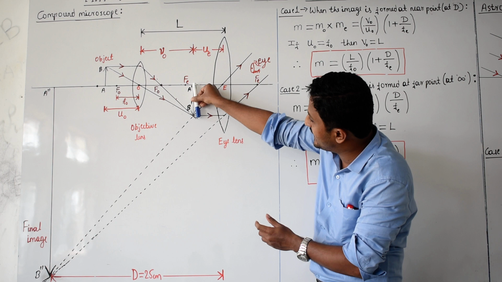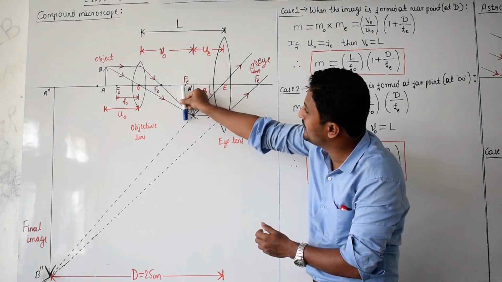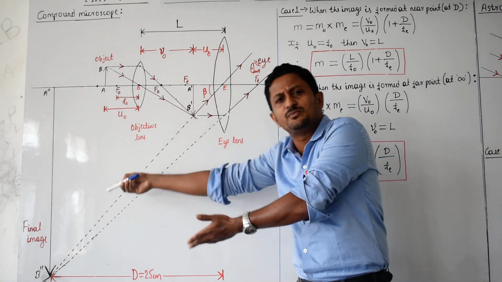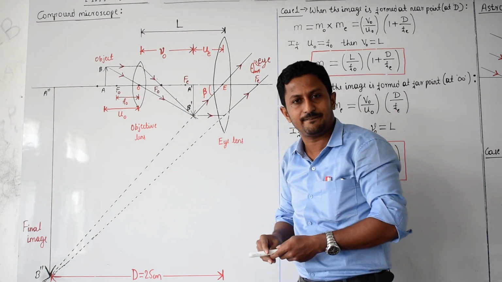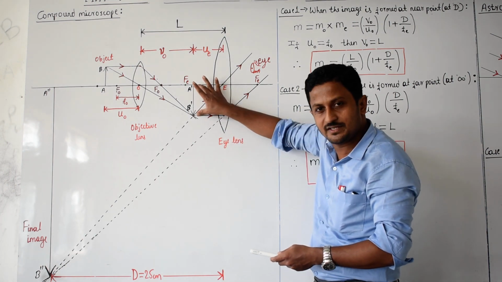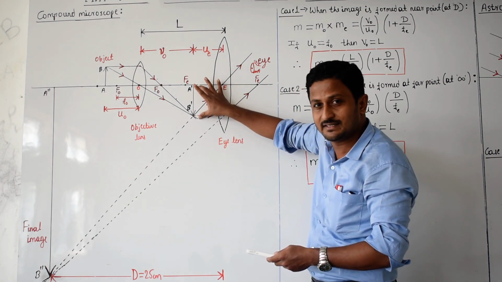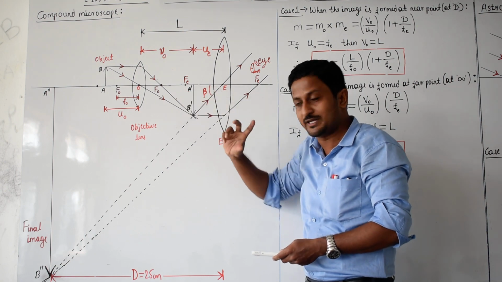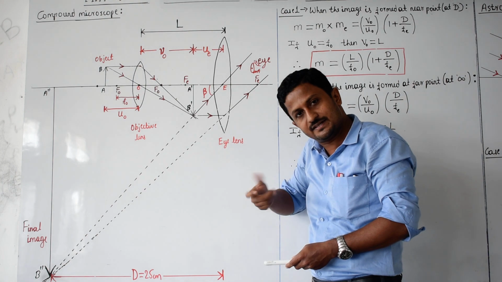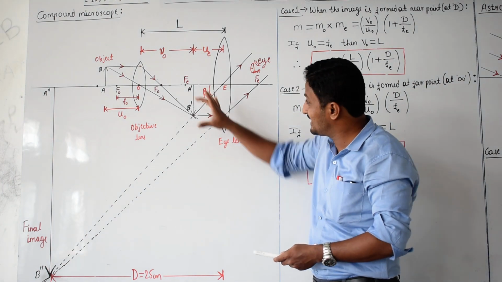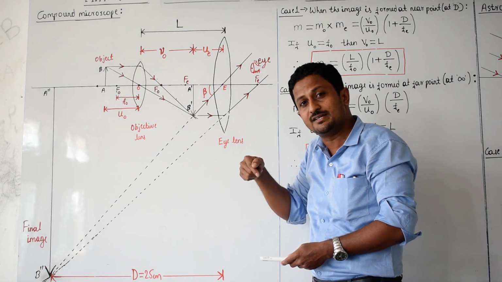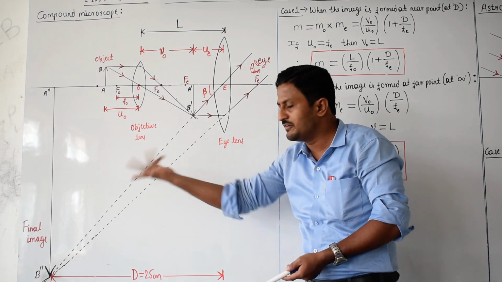When A dash B dash comes here at the principal focus point, then the image will be at infinity. For this eye lens, this is the object. If you take that object at its principal focus point by moving the eye lens like this, then the image will be at infinity.